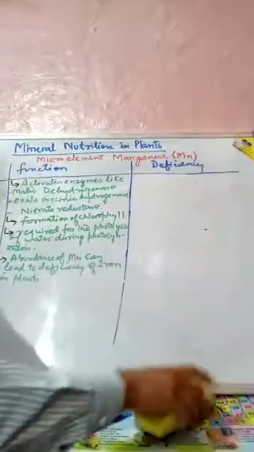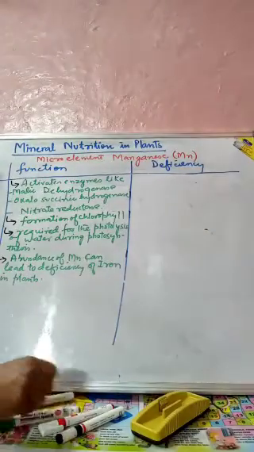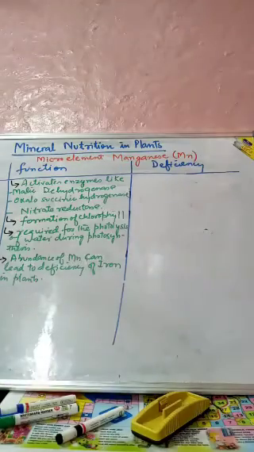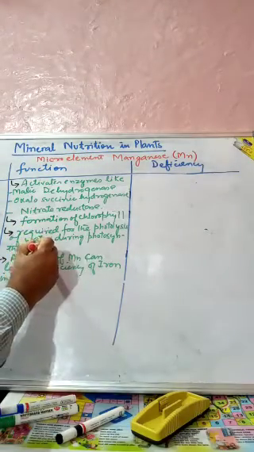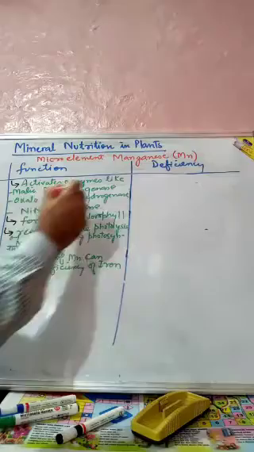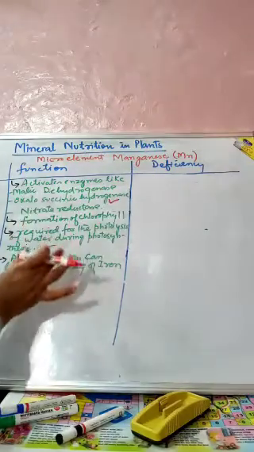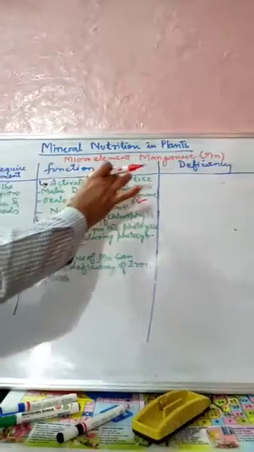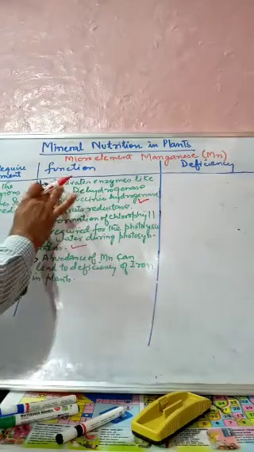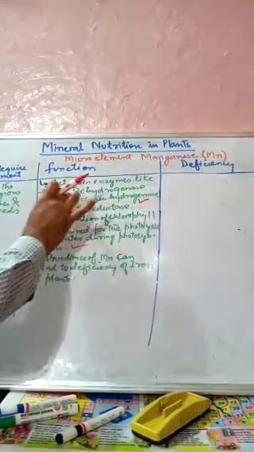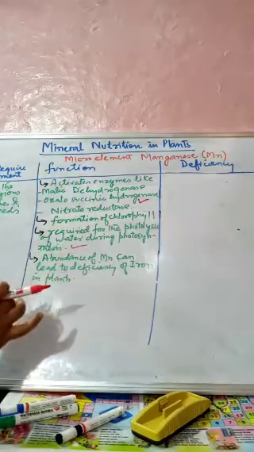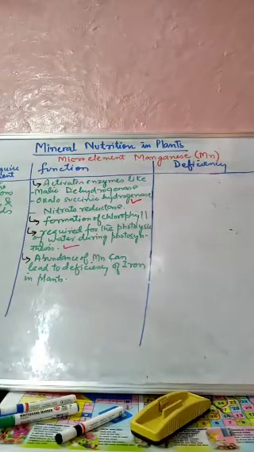But the two important functions are that it is required for the photolysis of water during photosynthesis, and it also plays an important role in cellular respiration because it helps in activating the enzymes malic dehydrogenase and oxalosuccinate dehydrogenase during the Krebs cycle.